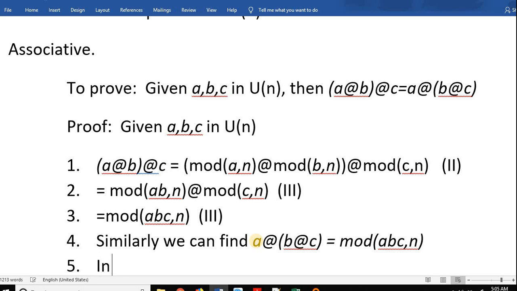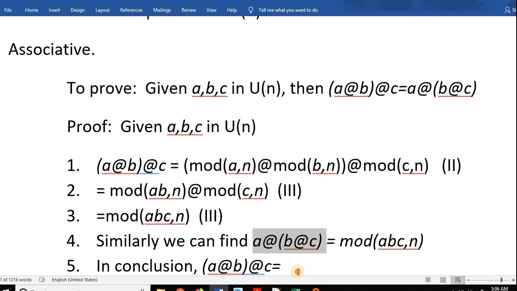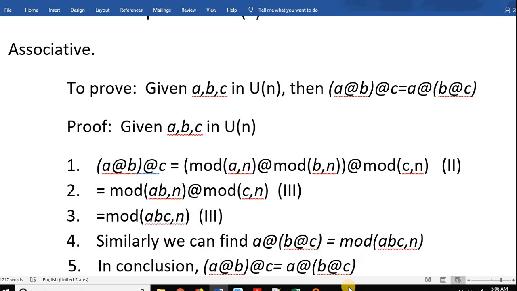So in summary, in conclusion, I can show that this here is equal to this here by substitution. And that gives me associative. And that's it for the proof.